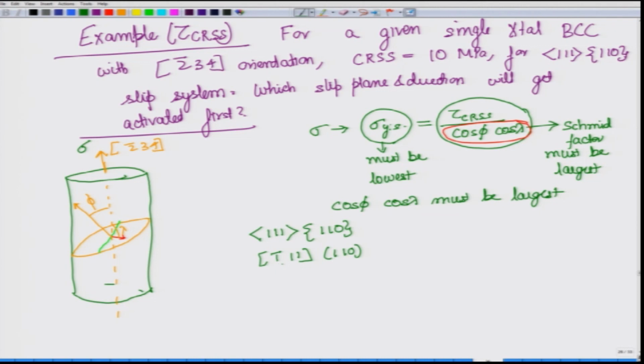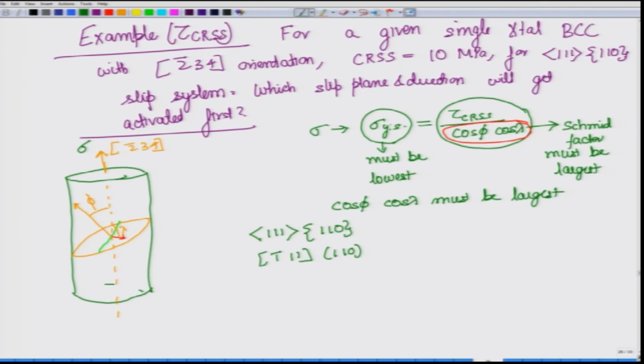This could be one particular slip system, and remember, for it to be a slip system, this particular direction must lie on this plane. So, the dot product between these two also has to be 0. It cannot be all the combinations of 111 with all the combinations of 110, only those combinations of 111 and 110 where the dot product will be 0.